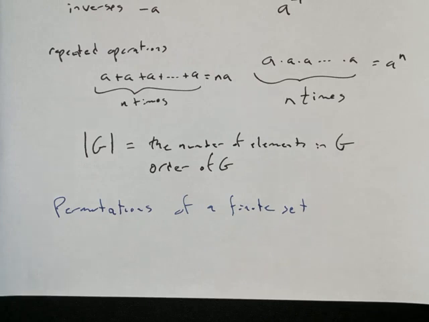We can do this for infinite sets. I'm not going to in this course. Chapter 2, Section 4, discrete math. What's a permutation?